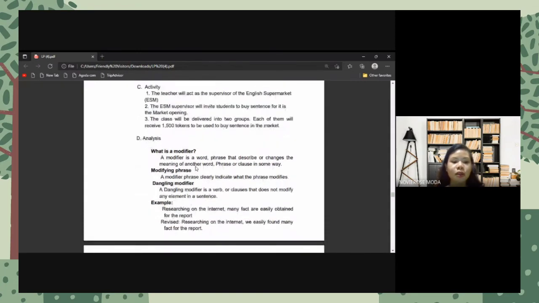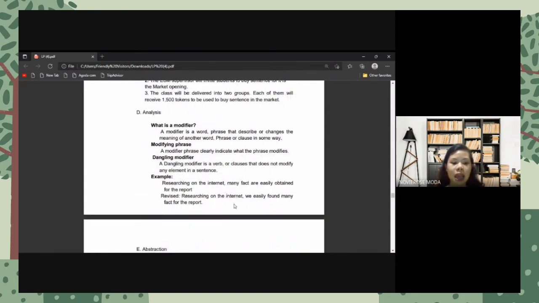In our analysis, I provided here the definition of what a modifier, modifying phrases, and a dangling modifier are, and their examples. A modifier is a word or phrase that describes or changes the meaning of another word, and the phrases are close in some way.